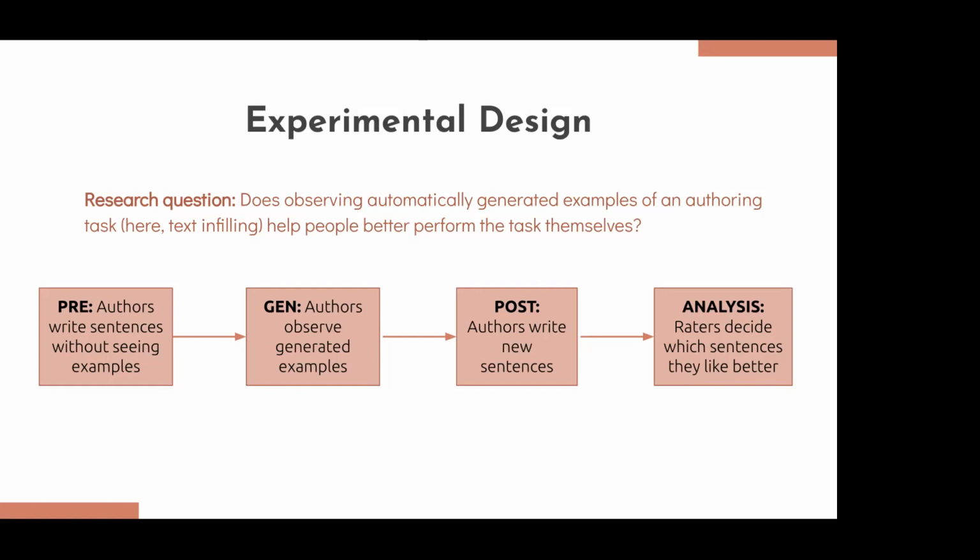Then after they did that, we gave the resulting sentences to a different set of raters, who then decided which sentences, the pre or post, they liked better. So that enabled us to have this comparison of the sentences written before observing the generated examples and the sentences written after observing the generated examples. So the variable here being the actual observation of those examples.